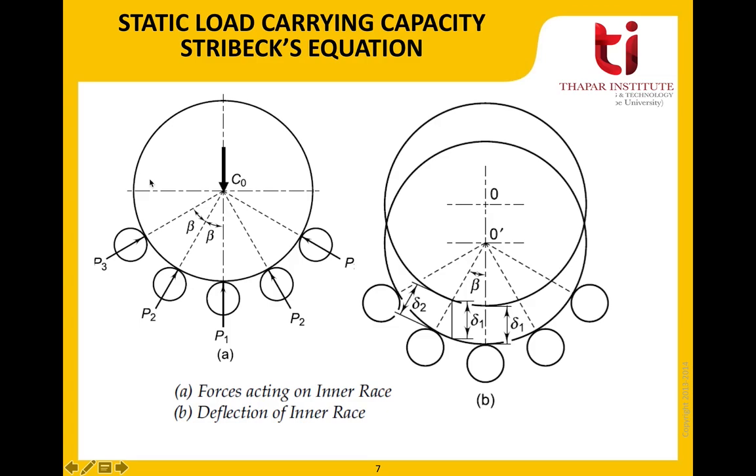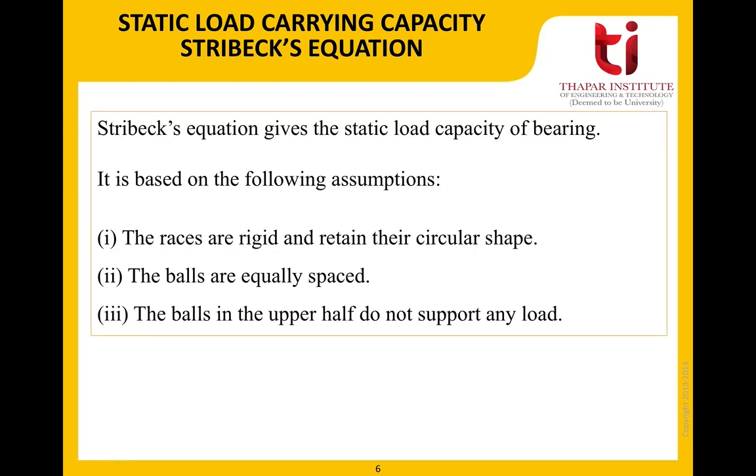But due to gravity effects and this static load acting here, the balls in the upper half will just be in contact with the inner race, and there will be a little clearance between the balls and the outer race. For that reason, the balls in the upper half do not support any load. I hope you're clear with all the three assumptions.